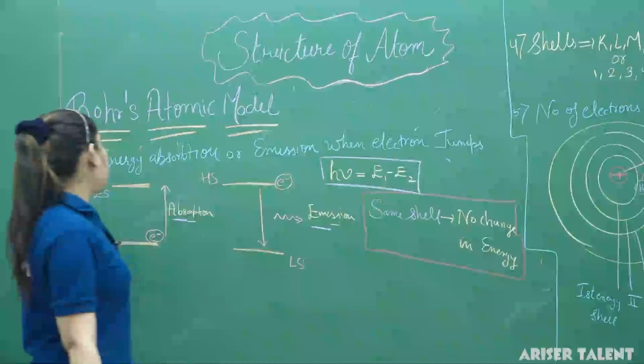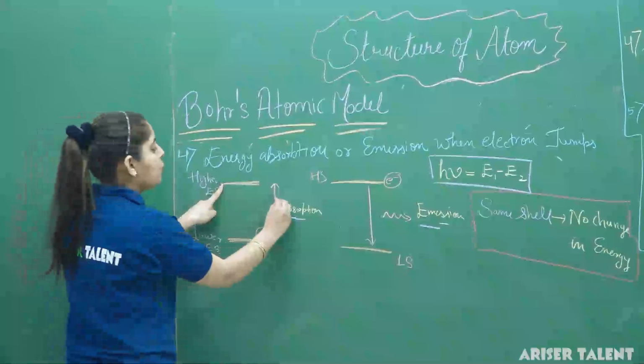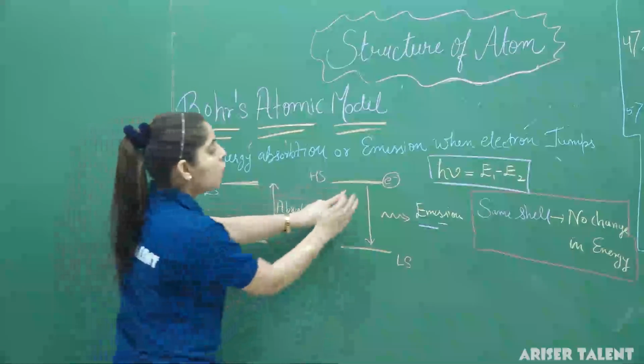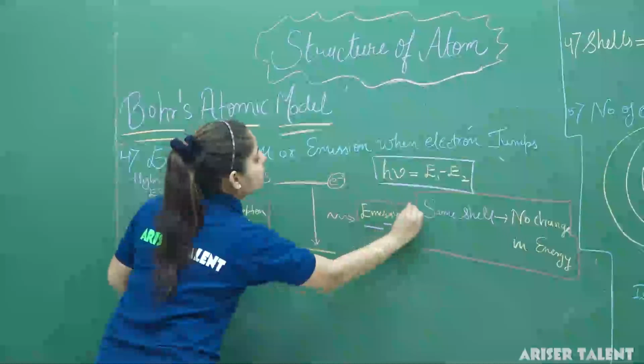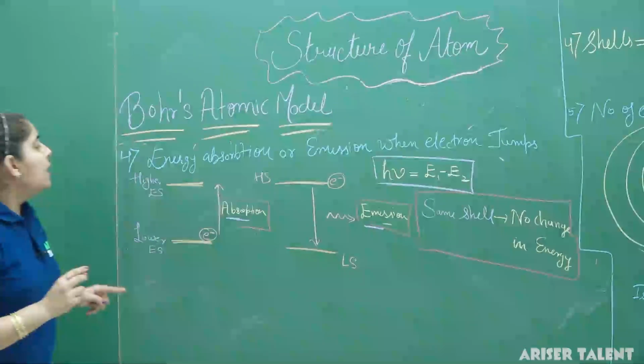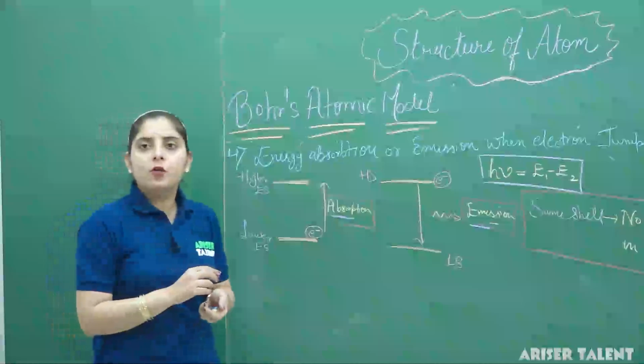If it goes from lower to higher, there will be the absorption of energy. If it comes from higher to lower, there will be the emission of energy. So, it is all about the fourth postulate of Bohr.